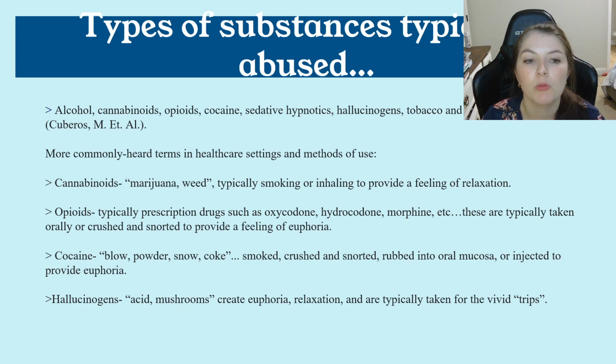Opioids include prescription painkillers like oxycodone, hydrocodone, and morphine, and are abused for the powerful euphoric and sedative effect. A lot of people use these by taking them orally and swallowing them, or crushing them and snorting them to intensify that high. Opioids are extremely dangerous because of the nature of overdose and addiction that these drugs can cause.